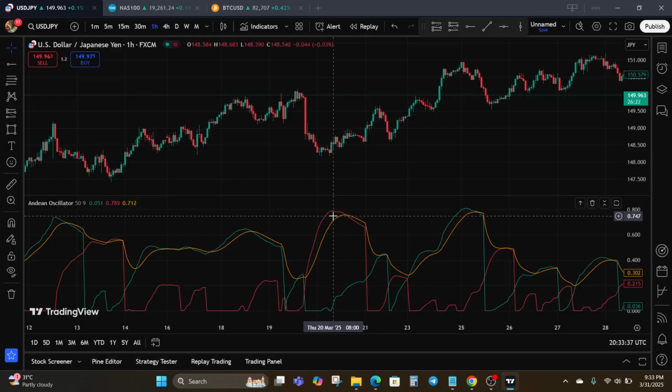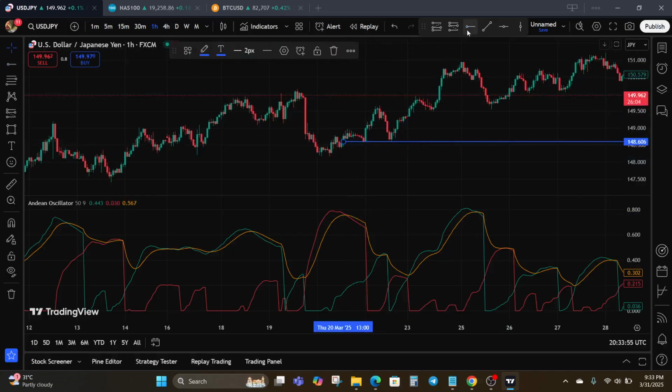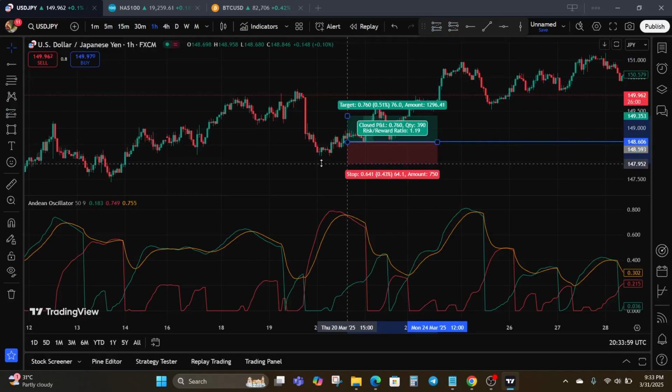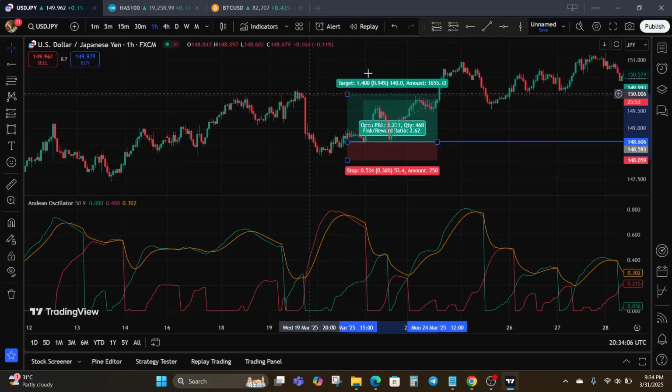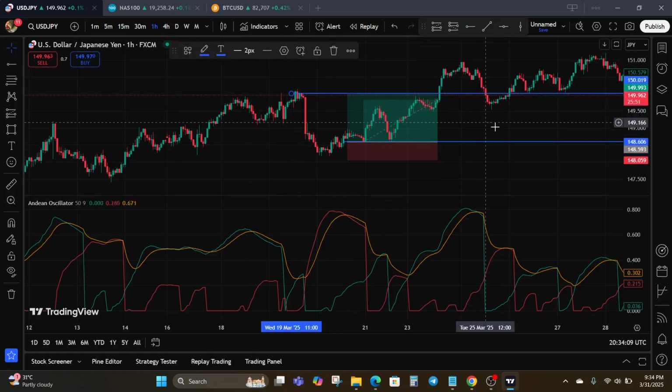The red and the orange crossing over should be your entry signal. While the green is going up, the red and orange might be crossing downwards, but focus on the green. The green going up is giving you your buy signal, and this crossover just validates your entry. Once you have entered, you can set your stop loss below the previous swing low, and you can target resistance zones for your take profit.